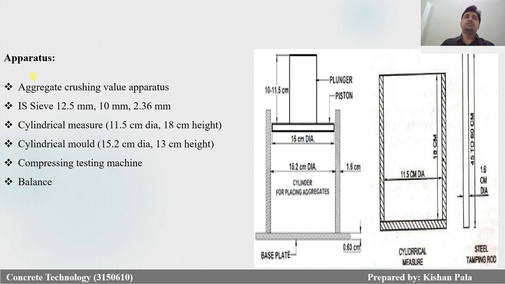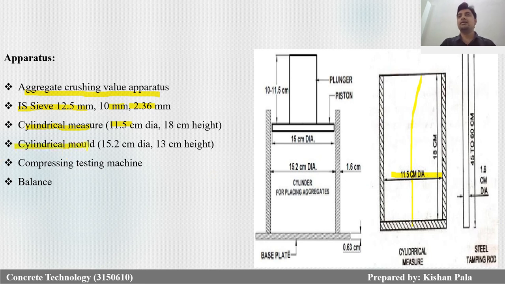You have to use the aggregate crushing value apparatus, Indian Standard sieves of 12.5 mm, 10 mm and 2.36 mm, and a cylindrical measure whose diameter is 11.5 cm and height is 18 centimeter. You can see in this photo the diameter of the cylindrical measure is 11.5 and its height is 18 centimeter.